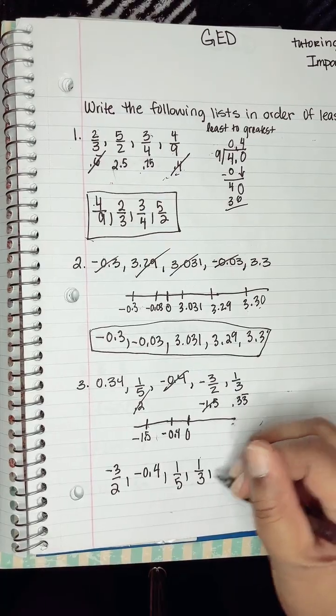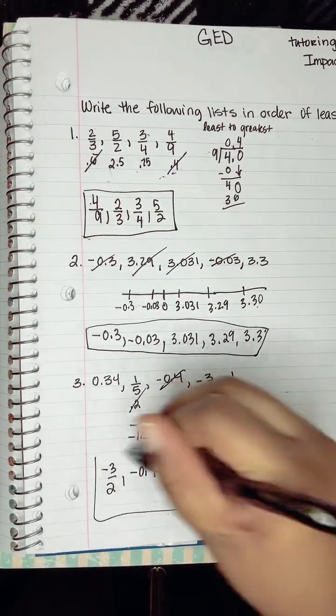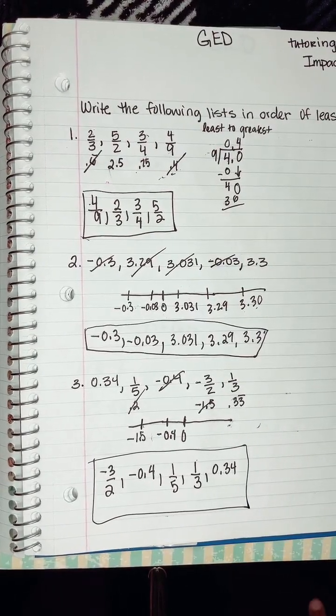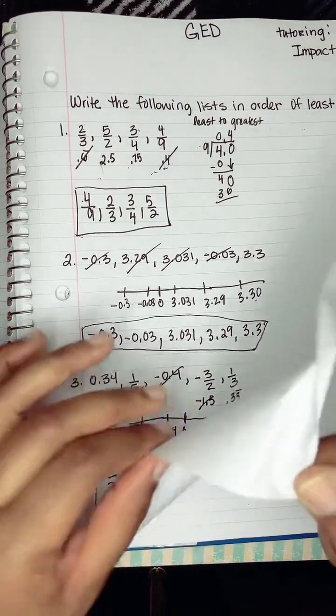So then we have 0.34. And that's how we do least to greatest. Wonderful. All right, let's go to the next.